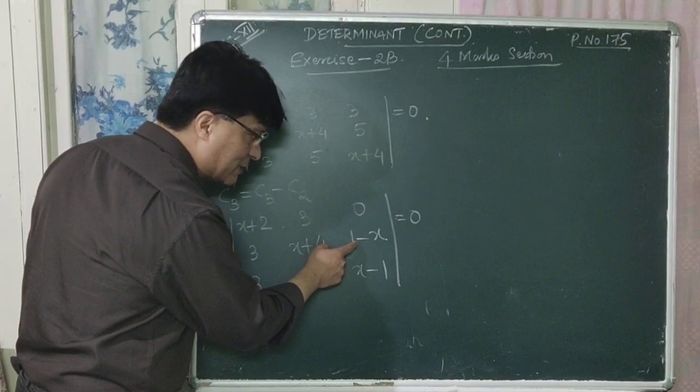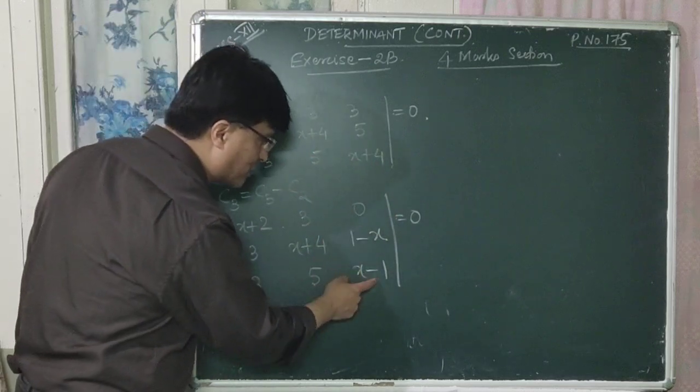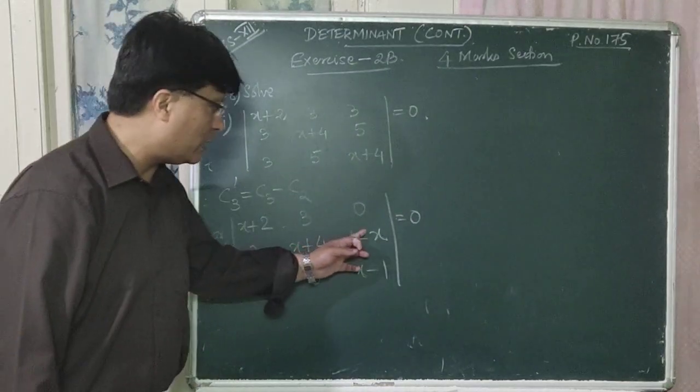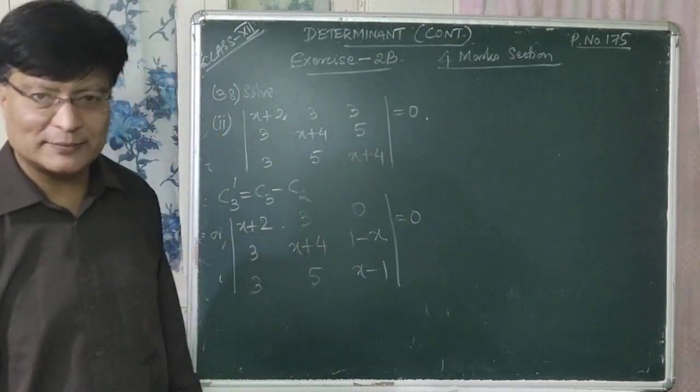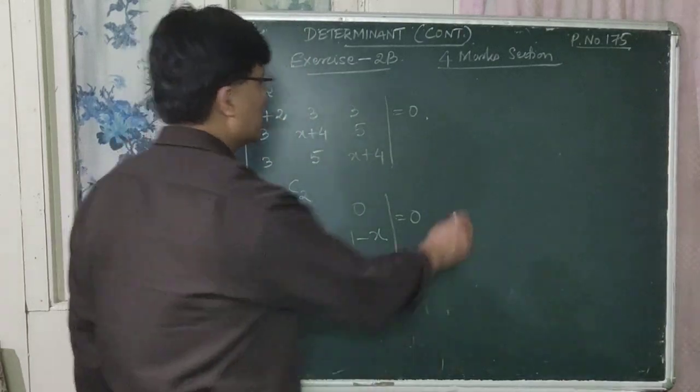So if we take minus as common within bracket, what do we get? x minus 1. So this x minus 1 is taken common outside, so that it will be 1, 1. Is that clear? So let's take common here.